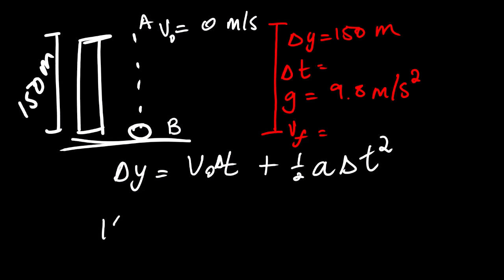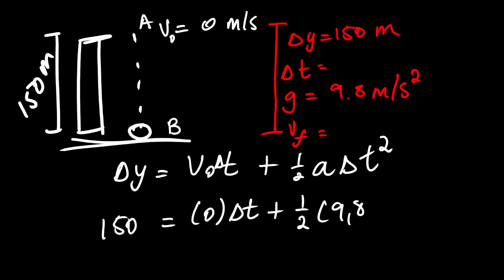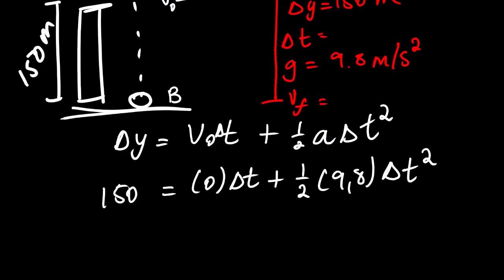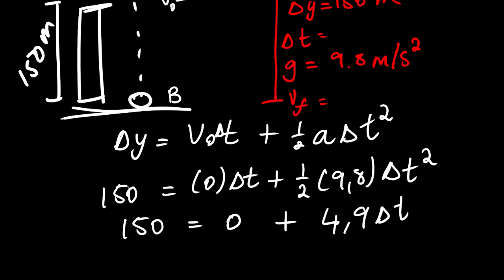So our displacement will be 150. It equals the initial velocity, which is 0, multiplied by change in time, plus half 9.8 times change in time squared. So we have 150 equals 0 multiplied by change in time, which is 0, plus half multiplied by 9.8, the answer is 4.9, change in time squared.